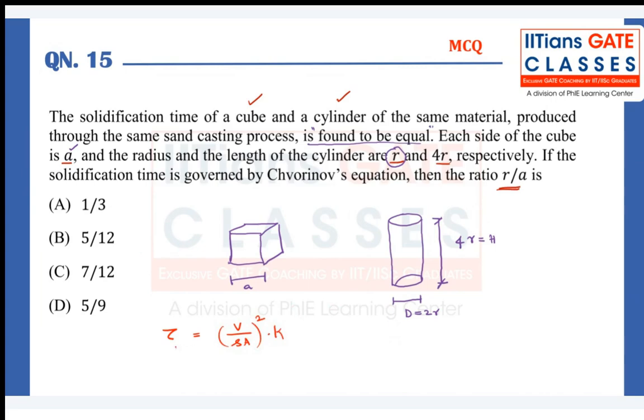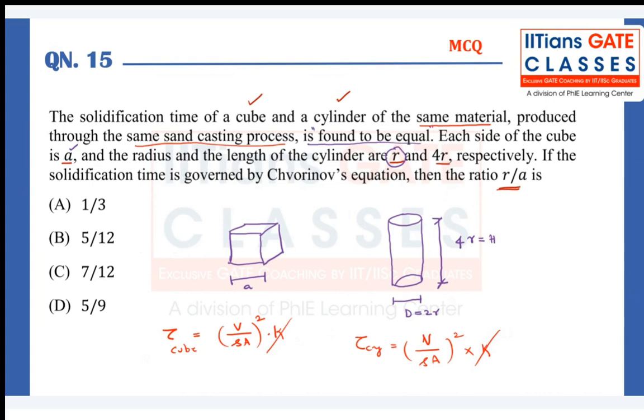This is for the cube, and the solidification time for the cylinder is also volume by surface area squared into K. K is constant because it is the same material and the same casting process, the same conditions. That is why K in both cases is equal, so we can neglect K.